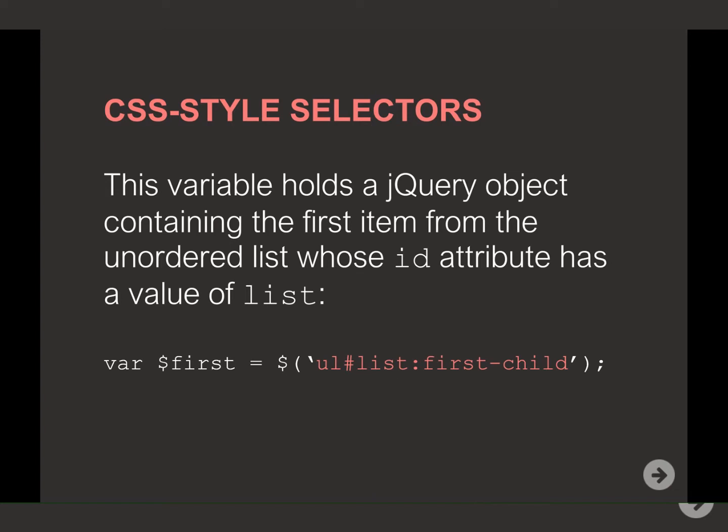This means we want to find the unordered list with the ID attribute list. We also have a requirement: you may have many unordered lists, but you only have interest in the one which has this ID, because the ID will differentiate it from others.